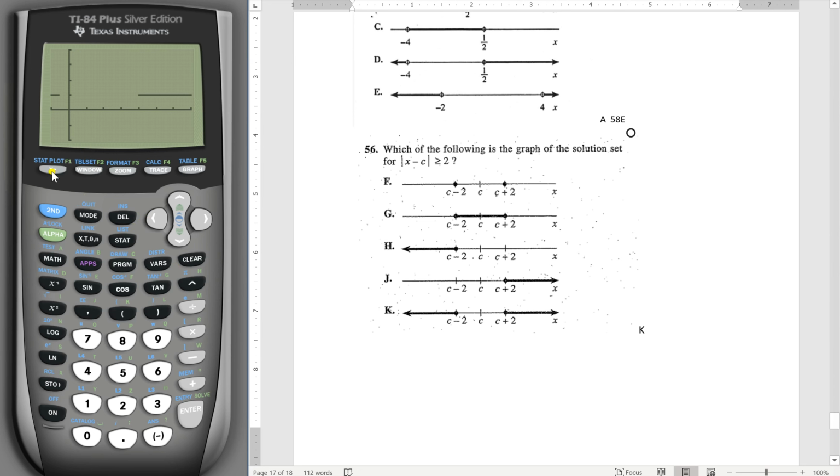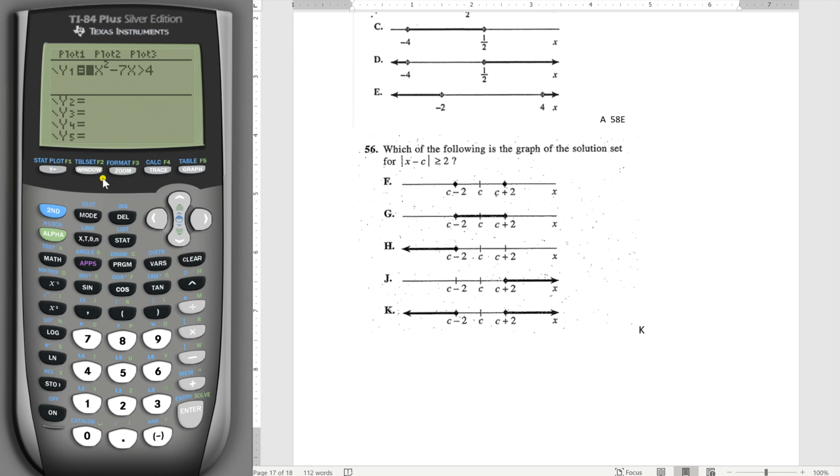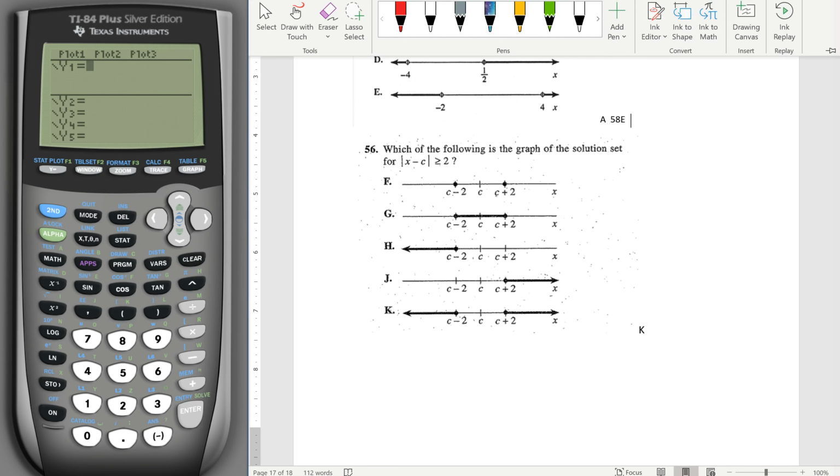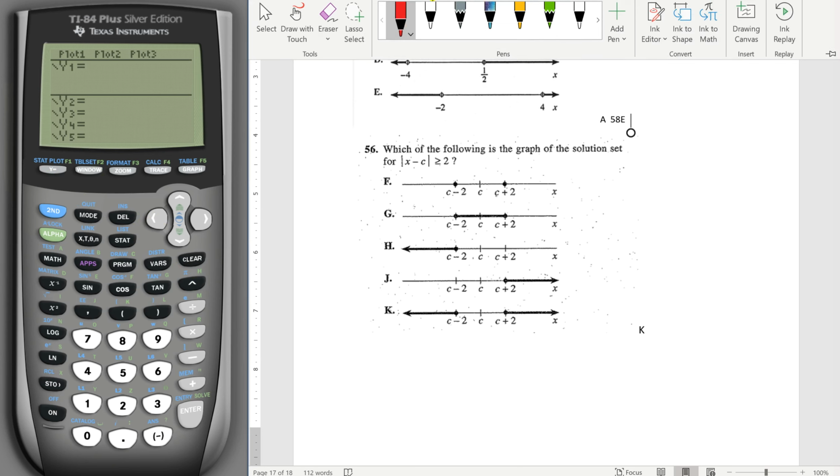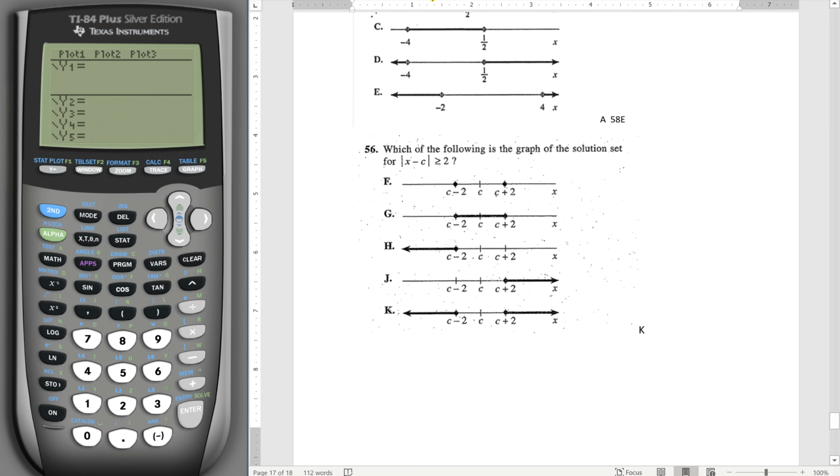All right, so let's do the next one. We'll go to y equals and clear that last one out. And it says, which of the following is the graph of the solution set? And then it's the absolute value of x minus c is greater than or equal to 2. So this is how you can do these ones. Let me get a pen. Just choose values that are true for x and c, right? So x minus c has to be greater than or equal to 2.